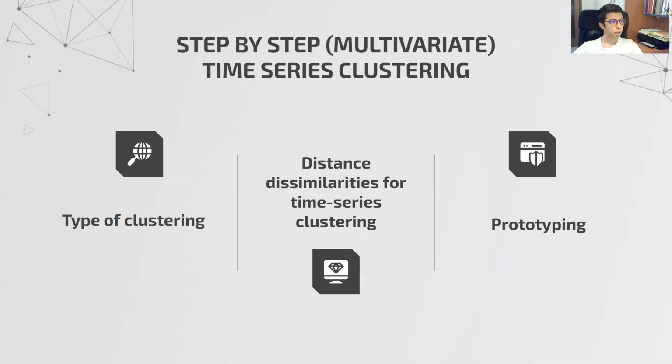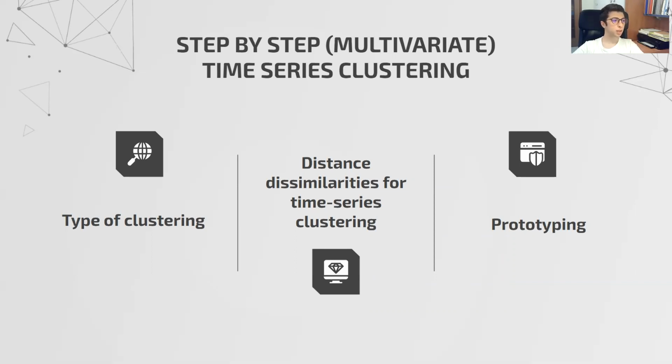So this is the context, but according to what I said before, we also have to define what is the type of clustering that we want to use to divide in a homogeneous way all these points.